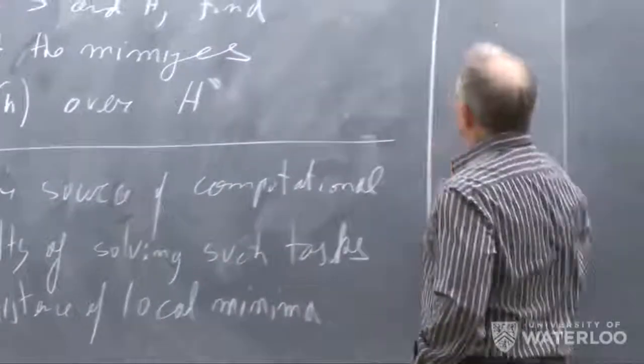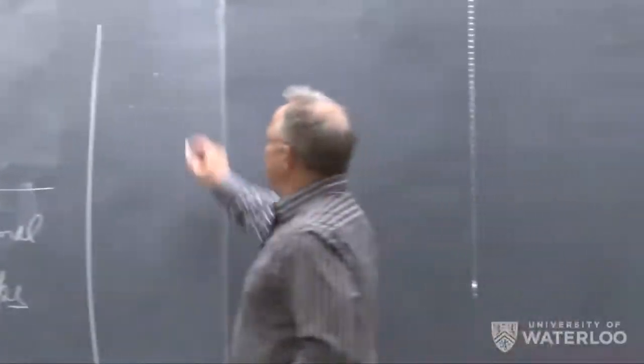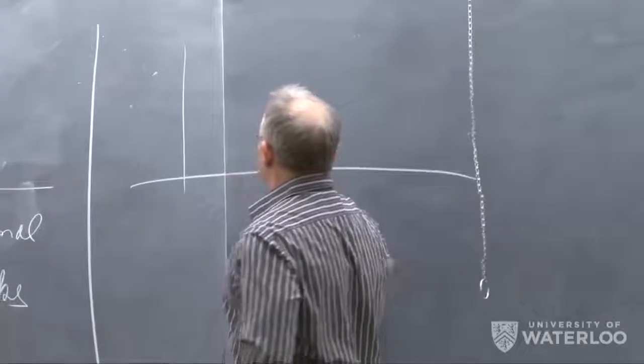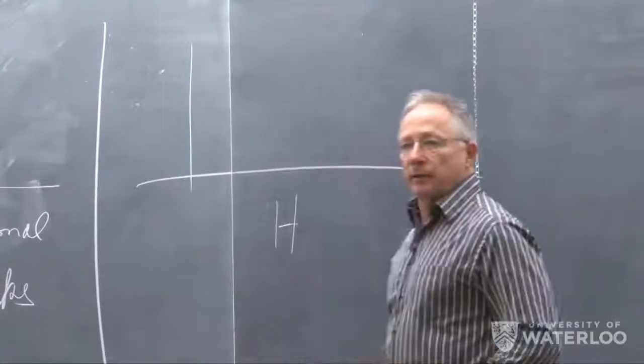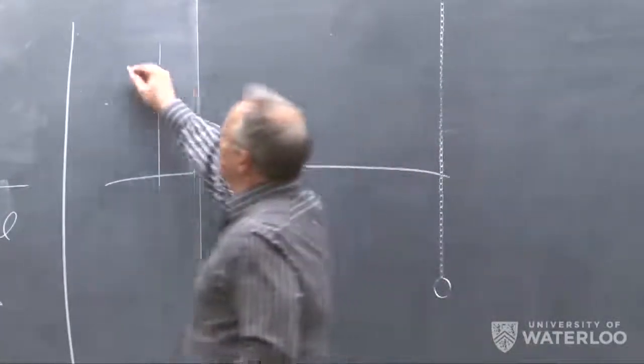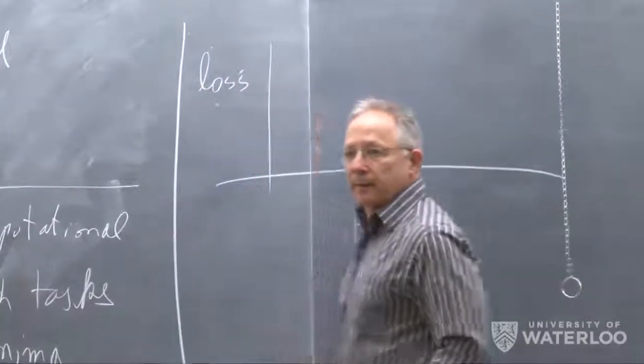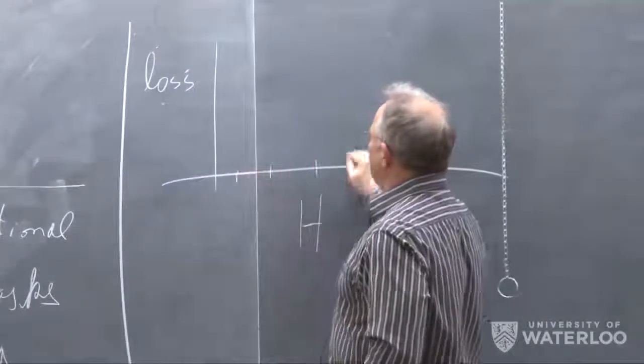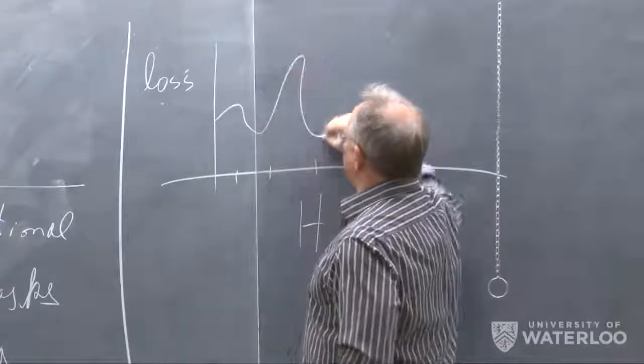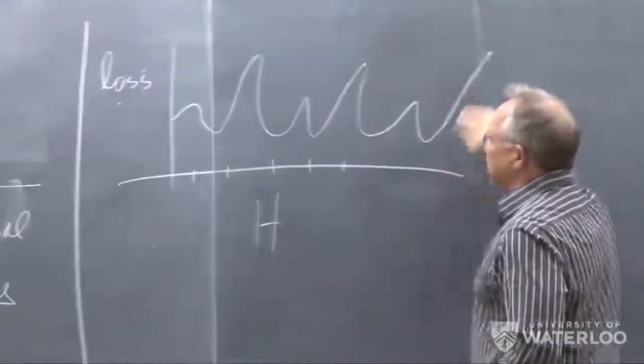We can think of it as having some space, this is my class H, and I have some loss function that I want to minimize, and different candidates in H give different values of the loss.